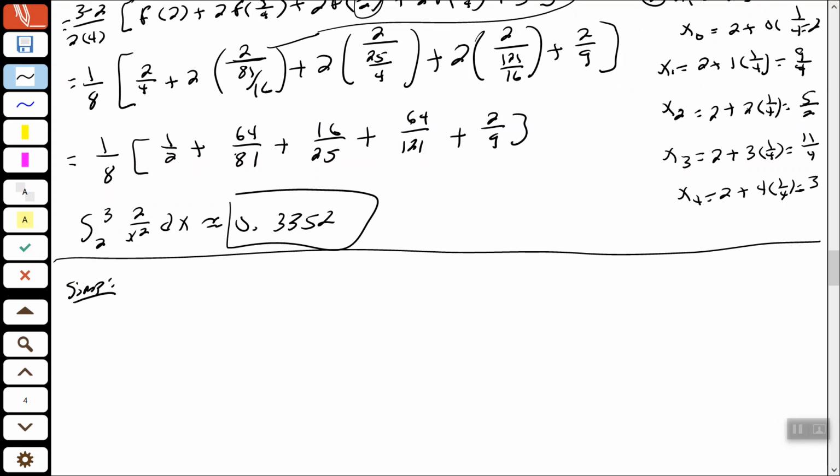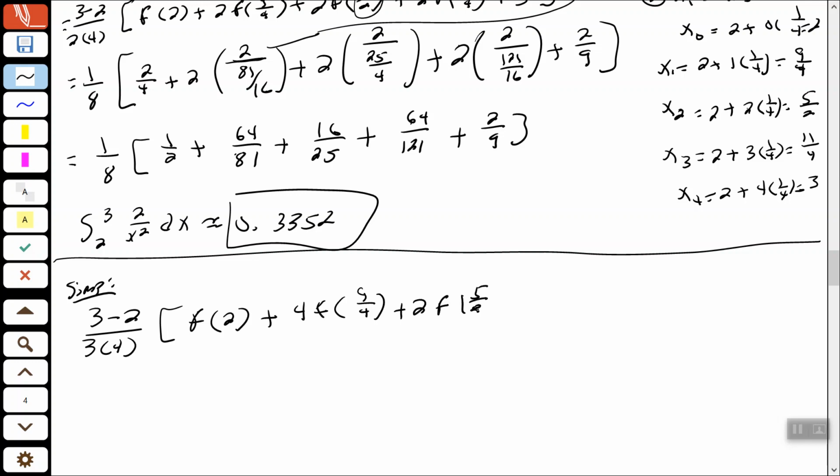All right, so Simpson's rule, b minus a over 3n, and then f of 2 plus 4 f of 9/4 plus 2 times f of 5/2 plus 4 times f of 11/4 plus f of 3.